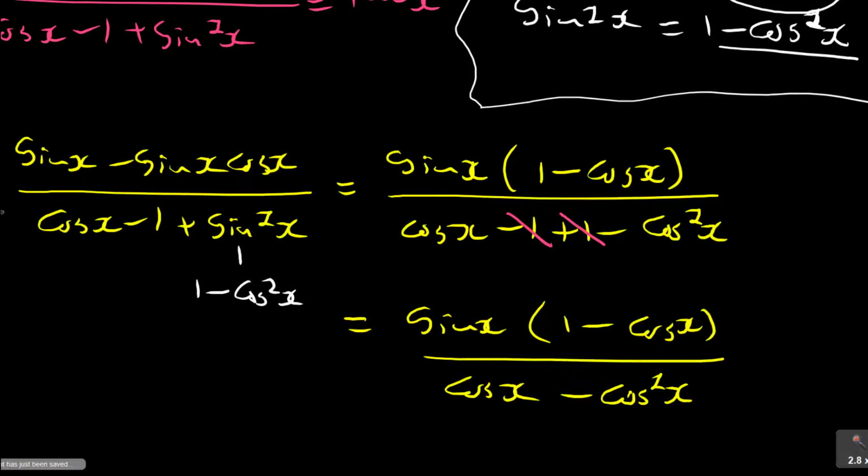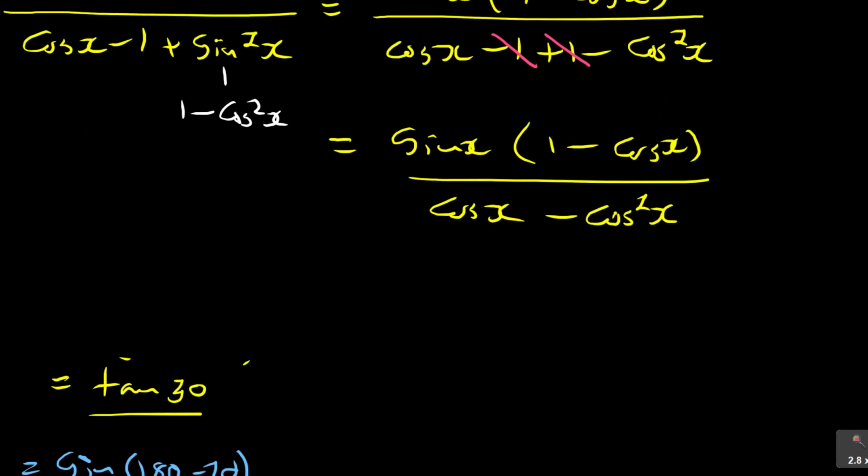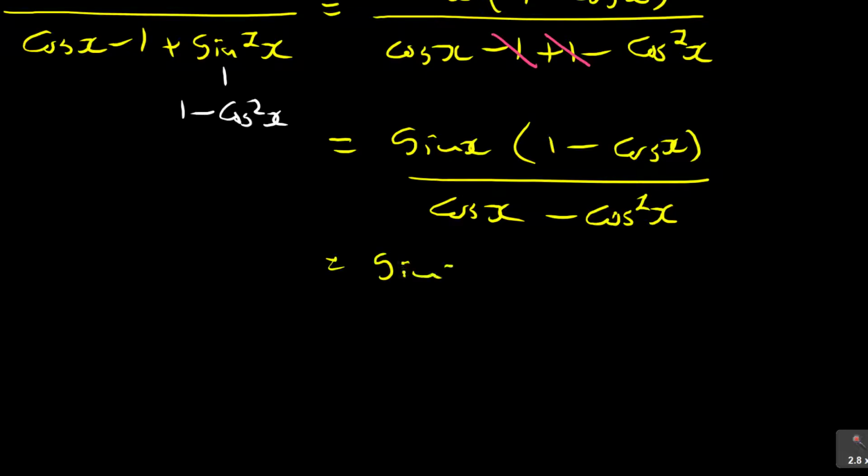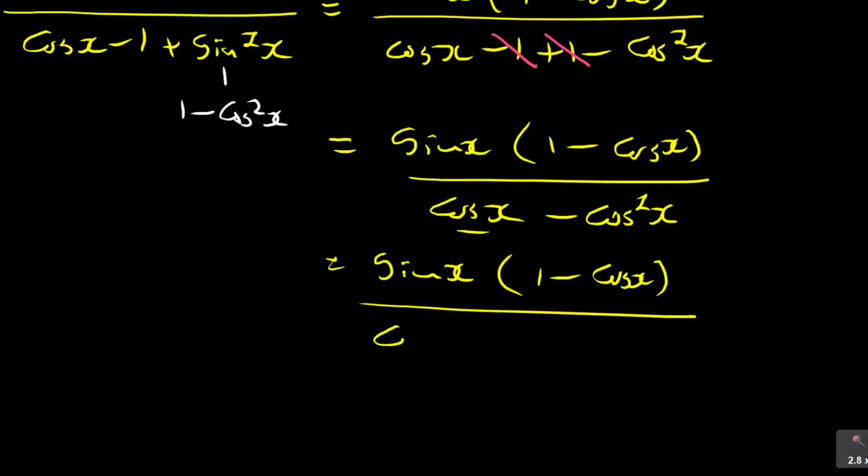Again at the bottom, cos is appearing twice, so let me factorize: sine x (1 minus cos x) over, at the bottom, cos x is common, so cos x (1 minus cos x). cos x into cos x is 1 minus cos x into cos squared; 1 will remain, cos squared means there are 2.